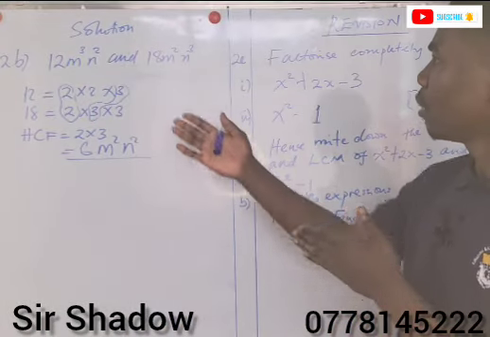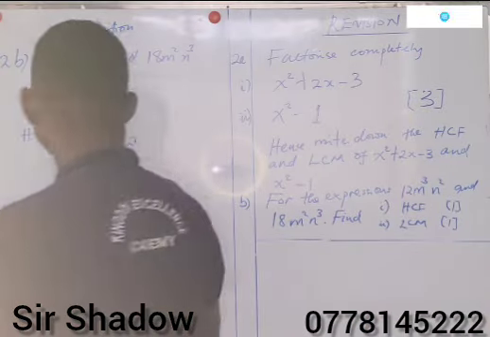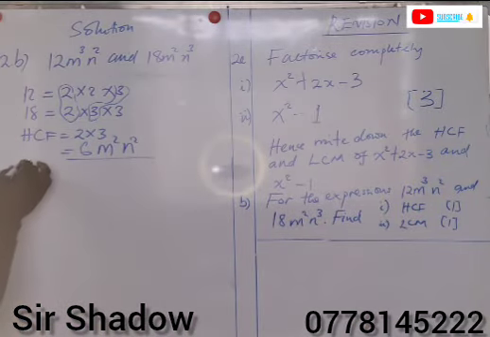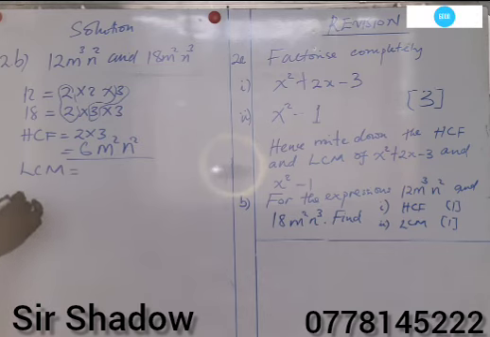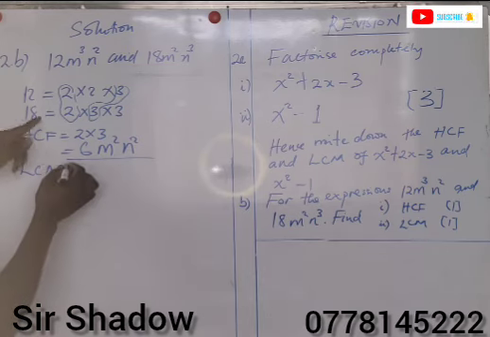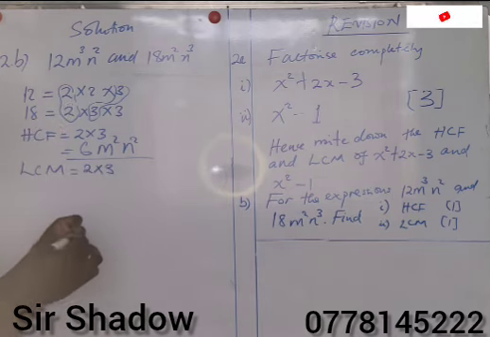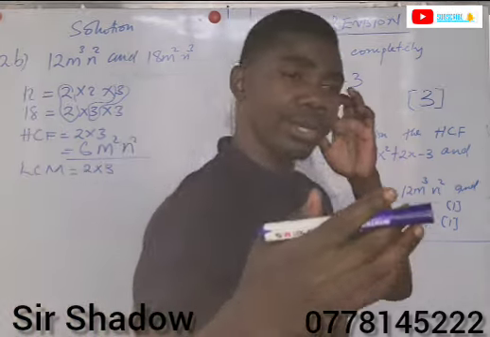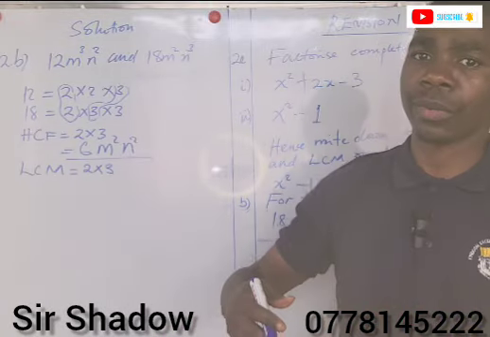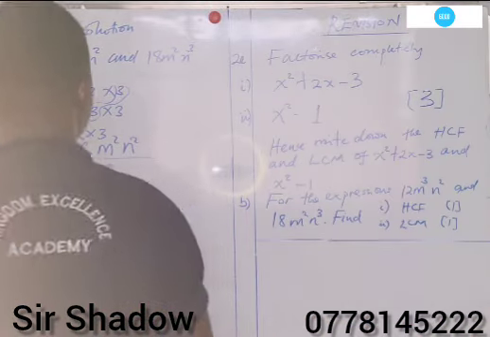Let's consider the lowest common multiple and see the differences. For the lowest common multiple, we have to take what is common first, which is 2 times 3. Then, whenever we are dealing with the lowest common multiple, we take everything, but we do not repeat what we have written already, right?